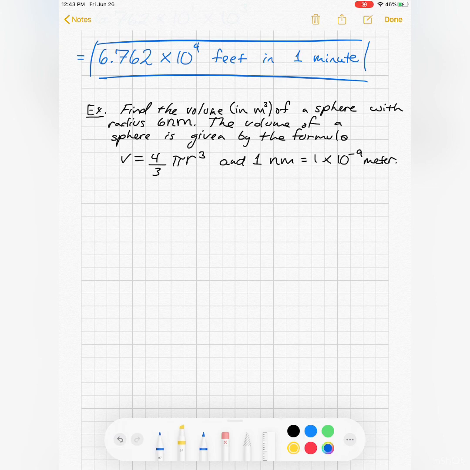So let's see. So here we're interested in finding the volume in meters cubed. So right now we're working in nanometers. So I think the first thing I would do is I would use this fact. And I would say, can I first convert my radius to meters?